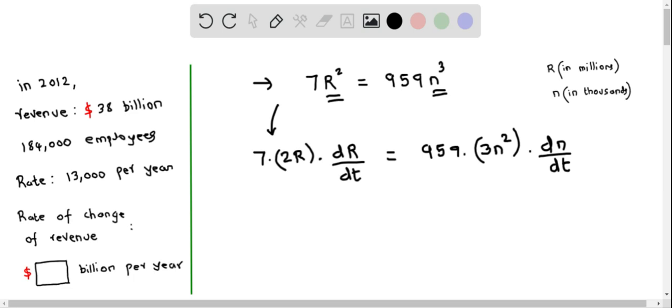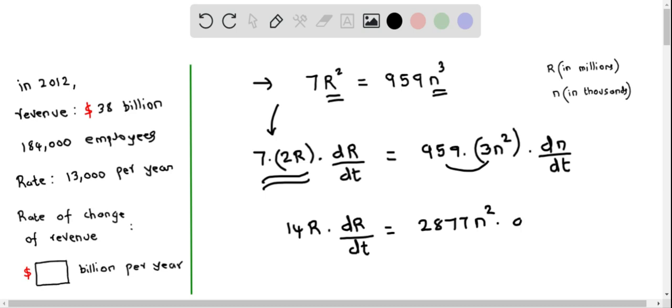So we can plug in these values and determine dr/dt. First, let's simplify this. So this equals 7 times 2 is 14r times dr/dt, and this equals 959 times 3, which equals 2877, and this is n² times dn/dt.